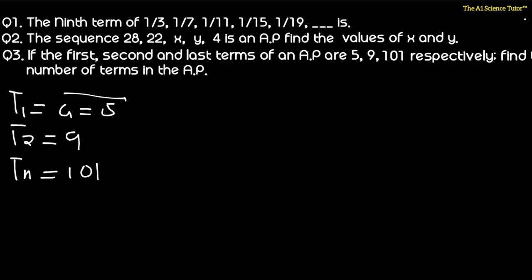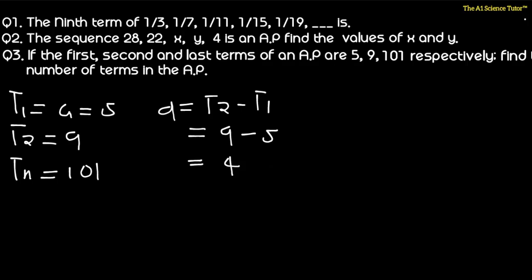So we know what the first term is, and that is 5. Well, what is going to be the common difference? So that basically should be T2 minus T1. Now T2, we have it as 9, and T1, that is 5. So D basically should be equal to 4.